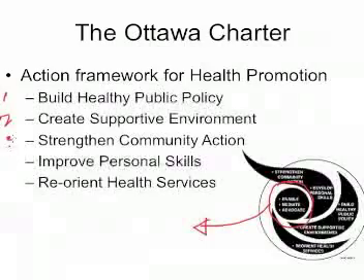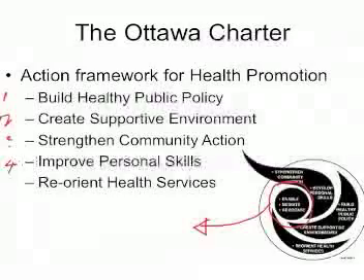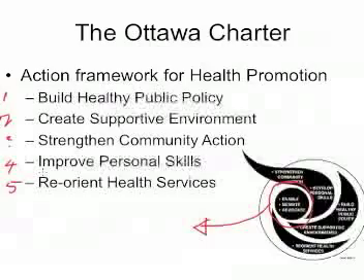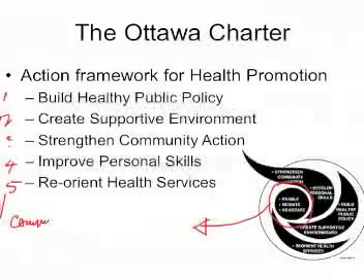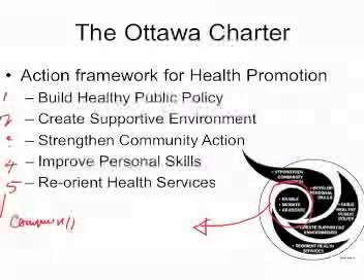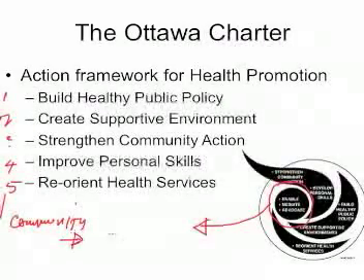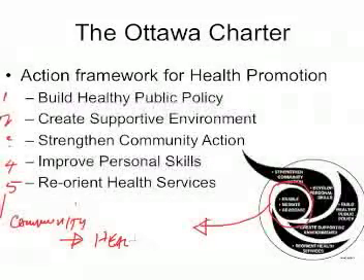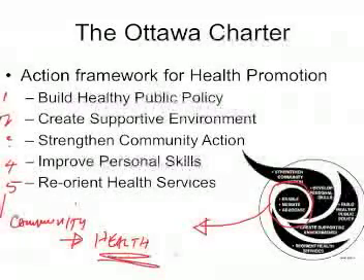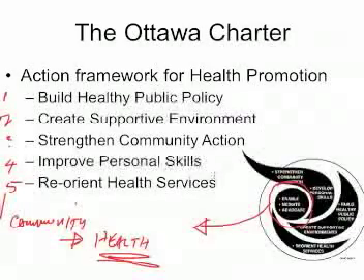There's build healthy public policy, create supportive environments, strengthen community action, improve personal skills, and reorient health services. Now, you can see here that all of these factors actually point in one direction, and that is enabling the community to look after its own health. So it's empowering the community to actually make positive health outcomes. And that's the essence of the Ottawa Charter for Health Promotion.